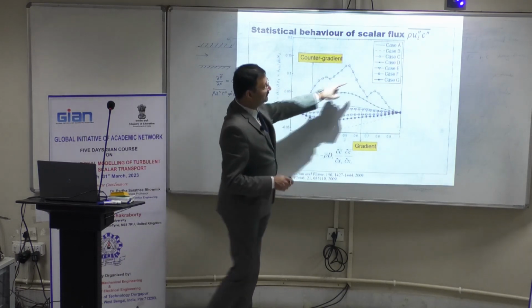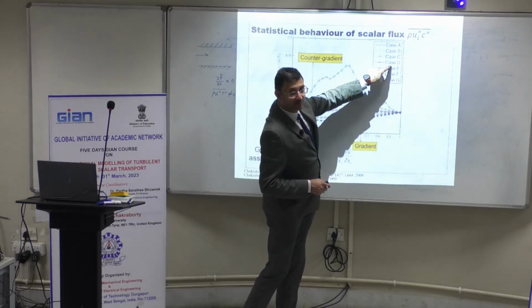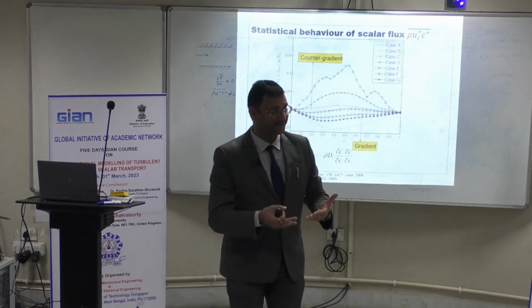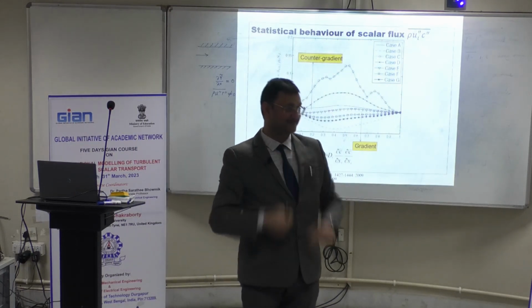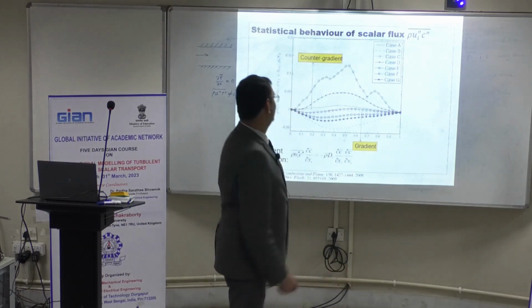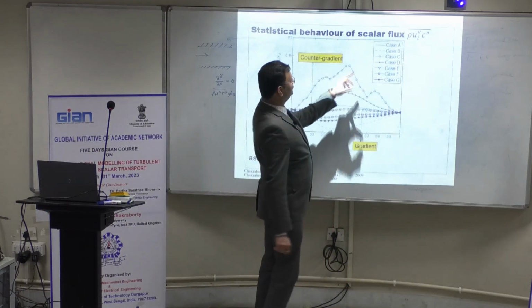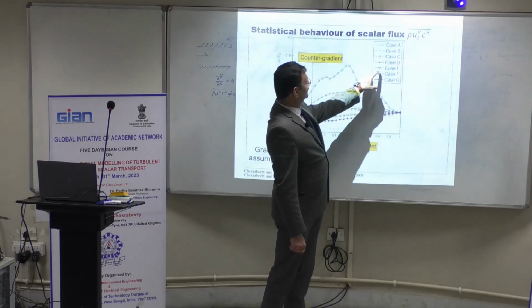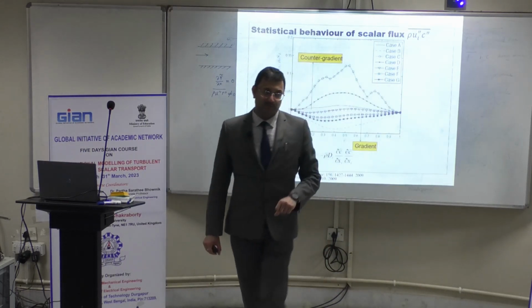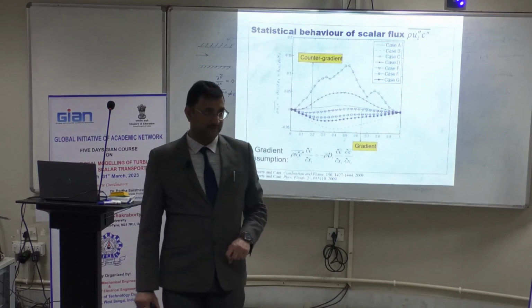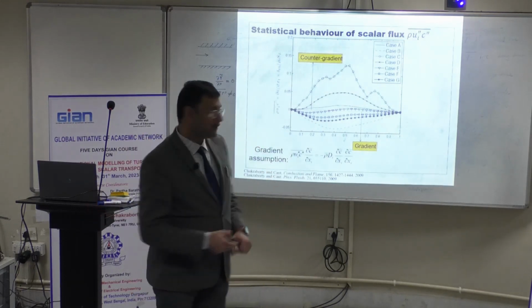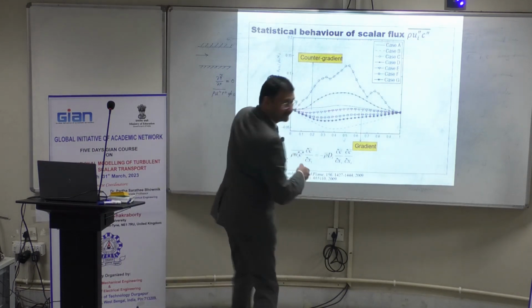Next one. This one is Lewis number 0.6, showing counter gradient transport, but the strength has come down. This one is Lewis number 0.8. It is showing counter gradient transport, but see, it starts as negative.